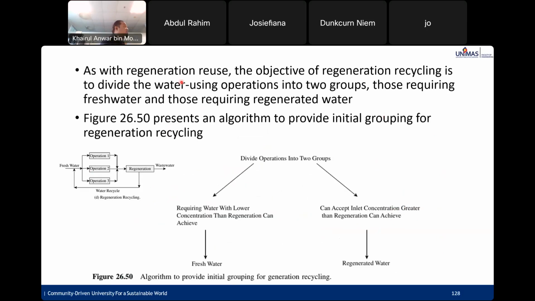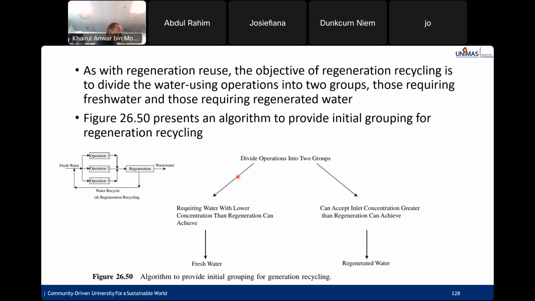As with regeneration reuse, the objective of regeneration recycling is to divide the water using operations into two groups, those requiring fresh water and those requiring regenerated water. So from figure 26.5, this is for regeneration recycling.